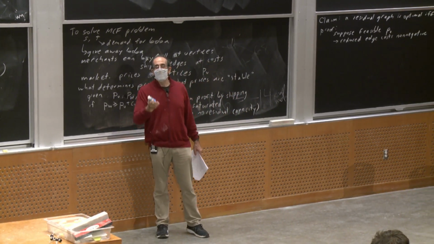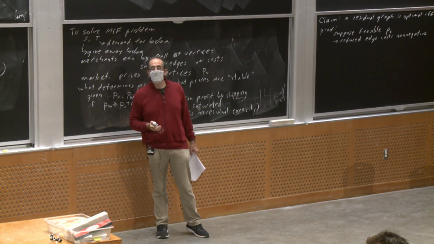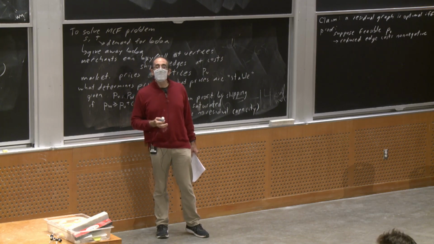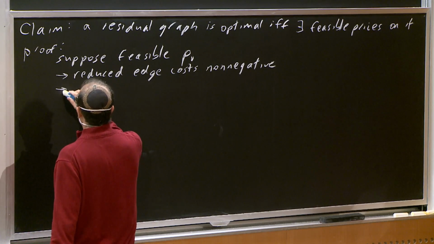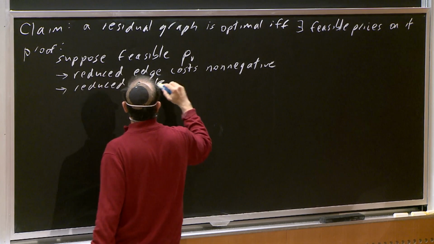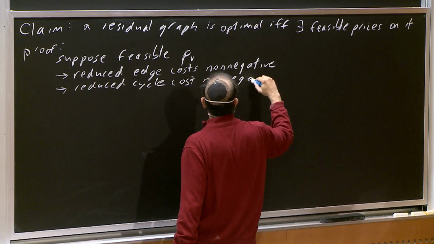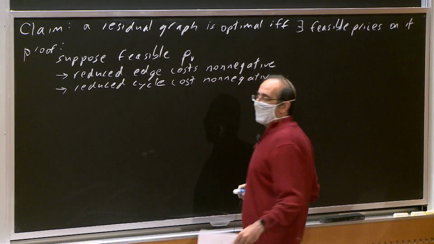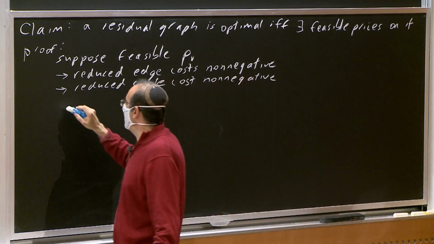Why? Sorry, go ahead. Well, I also want to answer, because we said that the price of the cycle stays the same. Exactly, right? The reduced costs are non-negative. That means that the reduced cycle costs are non-negative, because you can't make a negative cycle out of non-negative edges.